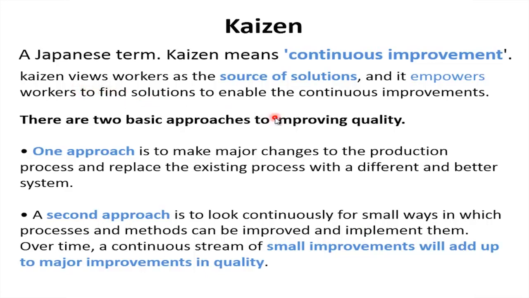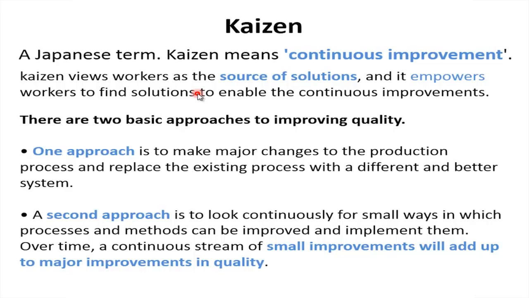Kaizen views workers as the source of solutions. The workers who work in the organization are the source of solutions, and it empowers workers to find solutions to enable continuous improvement. Let's say in a factory, the workers find the solution for the problem and explain that solution to the managers, who accept and implement it.